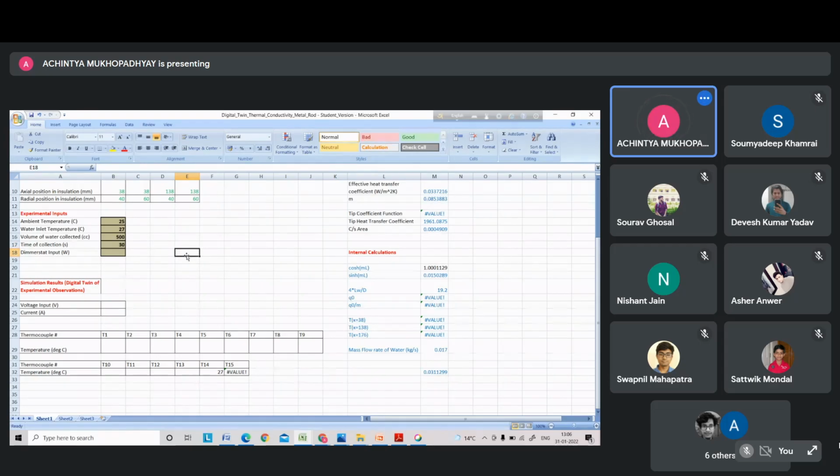And now you have to give the thermostat input. Let us put it as 90. The moment you put the thermostat input, you get the voltage and the current as you would actually get in the experiment, and these are the 15 temperature values.